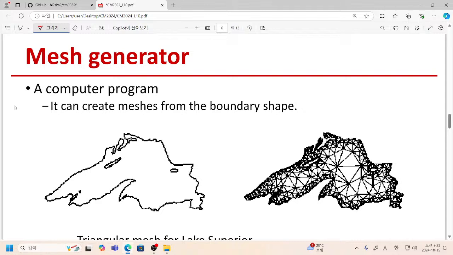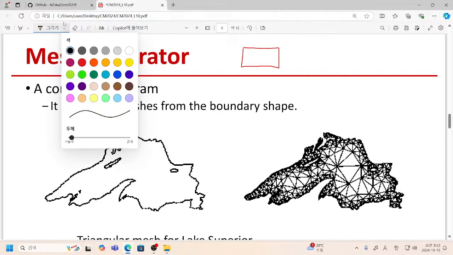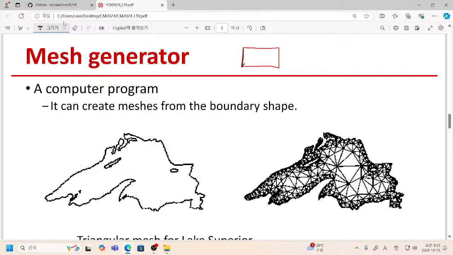For example, let me just come back to our previous example. If we have this kind of simple enough structure, then maybe it is not that difficult to make a certain triangular grid. Okay, so I can do it. Yes, you can do it. I have introduced 4 different triangles to completely cover this domain.